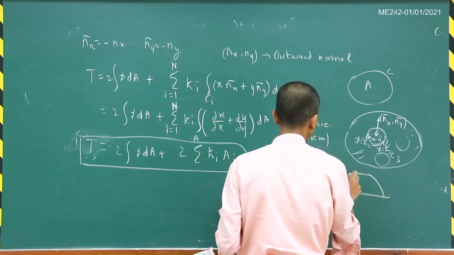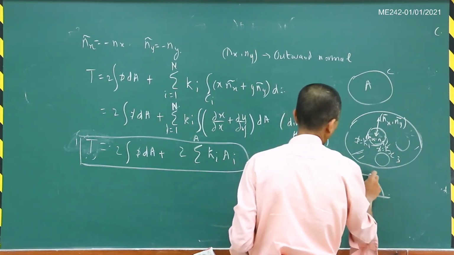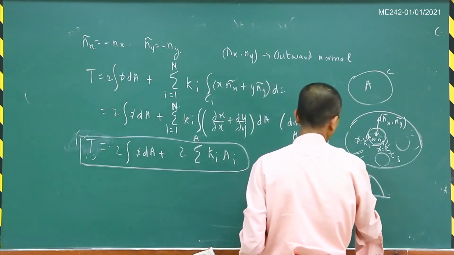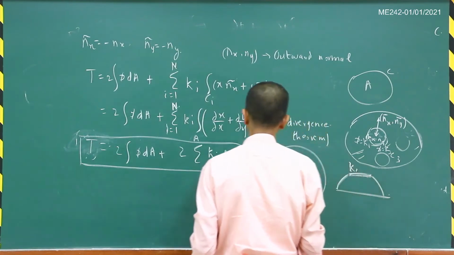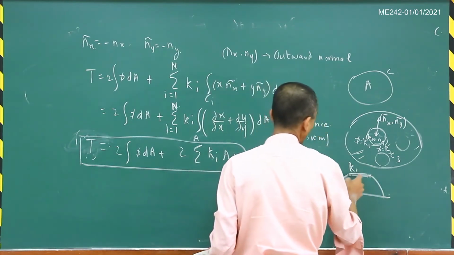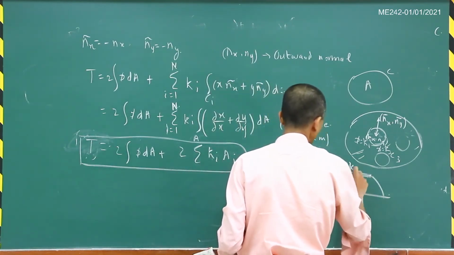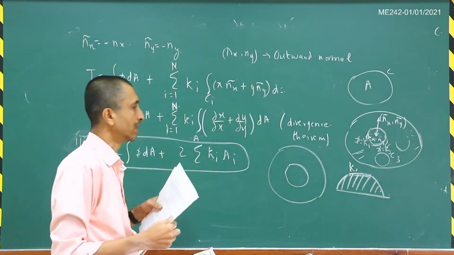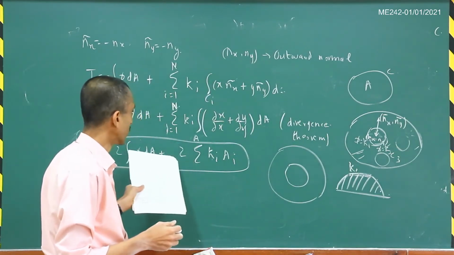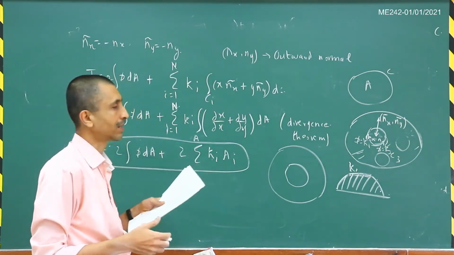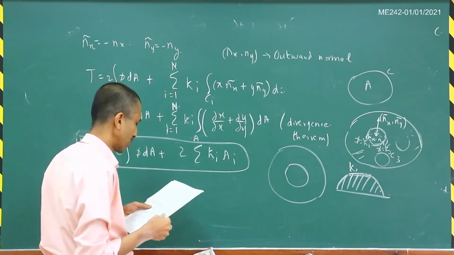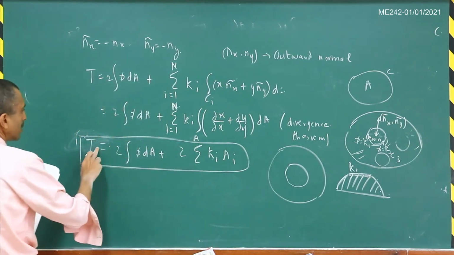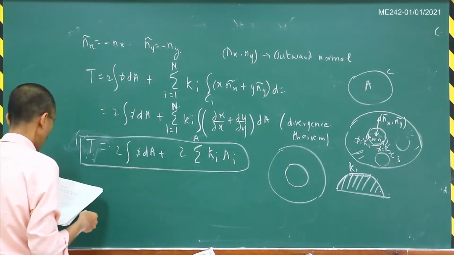So this is your phi function, and this is the value of the constant, k1, whatever it is, and then 2 times that times the area. Geometrically speaking, it will be the area under this particular curve, but of course multiplied by 2. Mathematically speaking, this is the expression that you get for the torque in the case of a multiply connected domain.